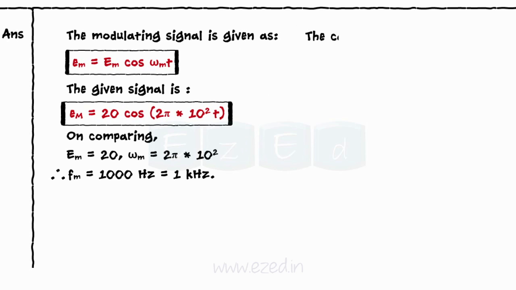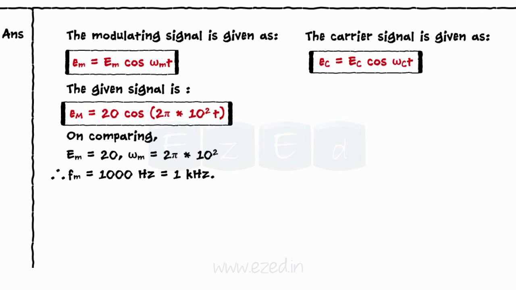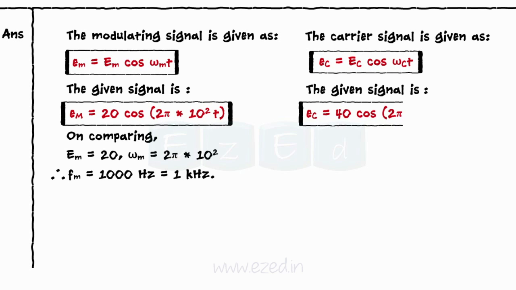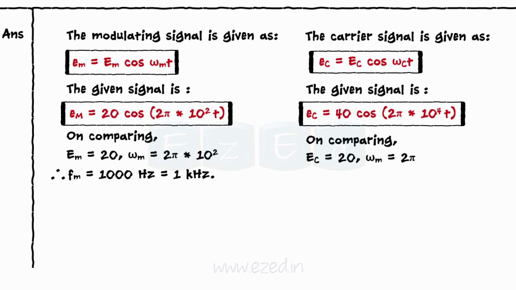The standard equation of carrier signal is ec equals Ec cos omega_c t, and the given equation is ec equals 40 cos 2 pi into 10 raised to 4 t. On comparing the two equations, we get Ec equals 40, omega_c equals 2 pi into 10 raised to 4 into t. Thus fc equals 10,000 Hz equals 10 kHz.